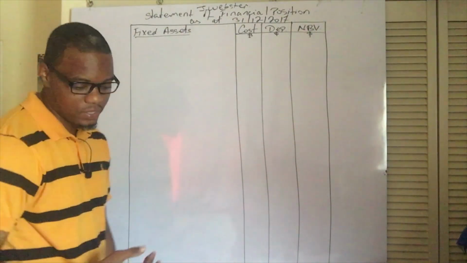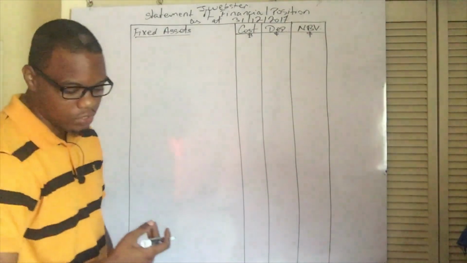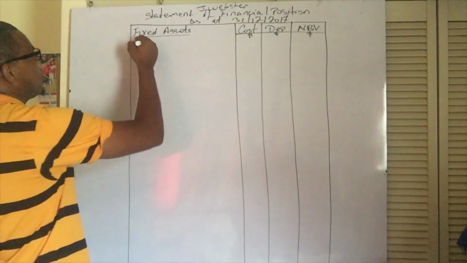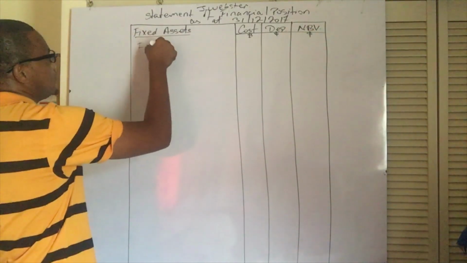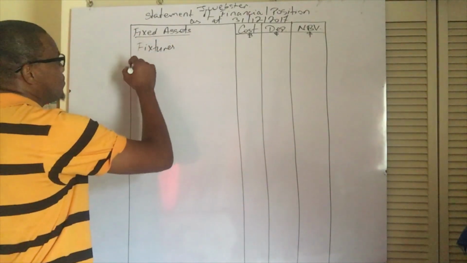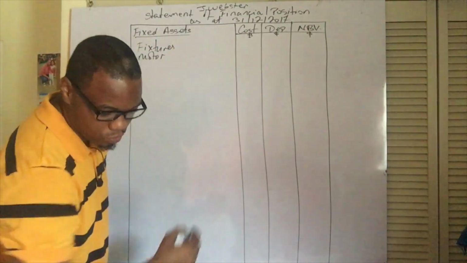So I look in the question and I see I have 2 fixed assets or 2 non-current assets, fixtures and motor van. Remember, when you're listing your non-current assets, you should list them in the order of what? Permanence.